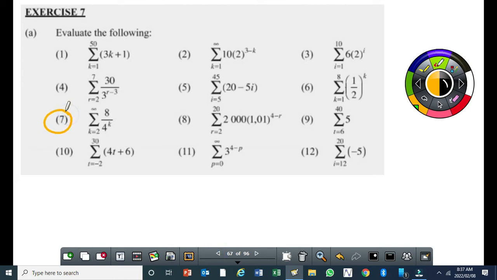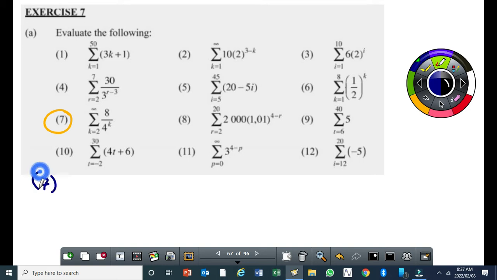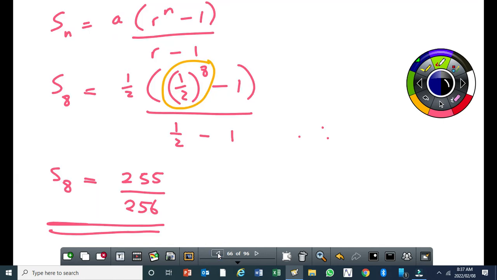So we are now doing number 7. So number 7, we have sigma from k. Just copy this down. What about the previous page? You copy down, please.